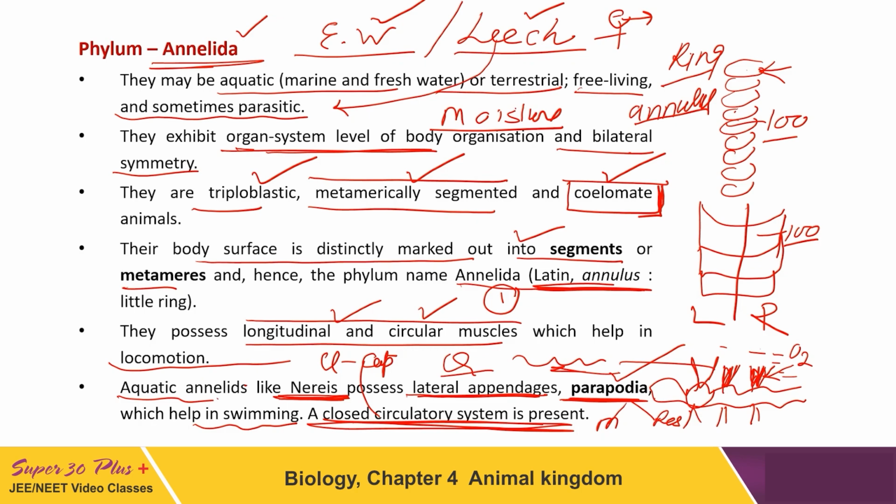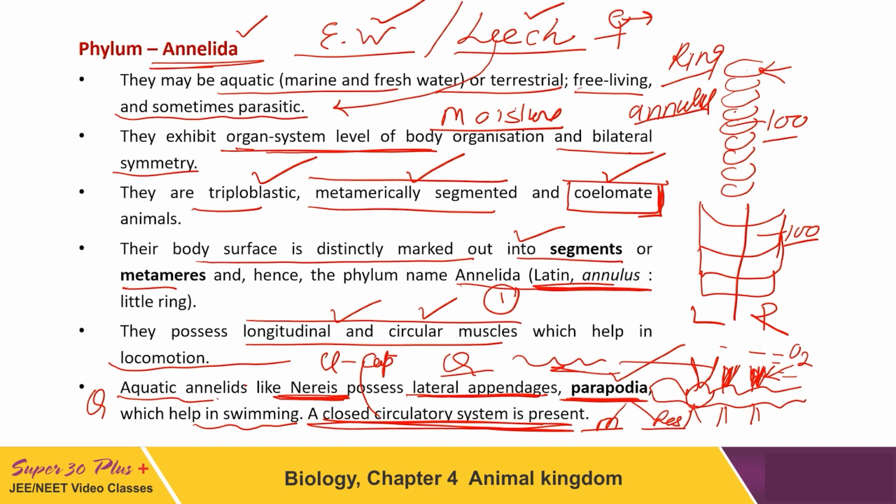Parapodia, a very important question related to Nereis: it helps in movement as well as in respiration. Closed circulatory system is present in annelids. If you have dissected earthworm, then you have seen different types of blood vessels and hearts.